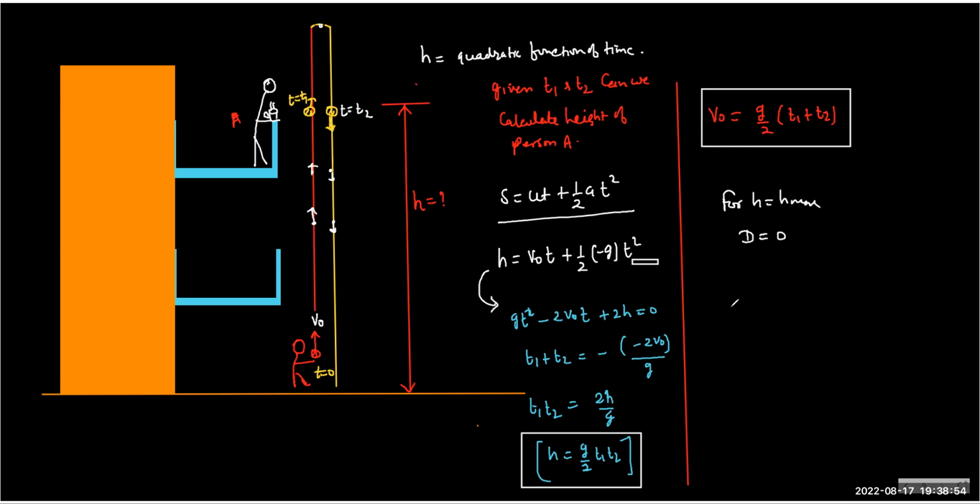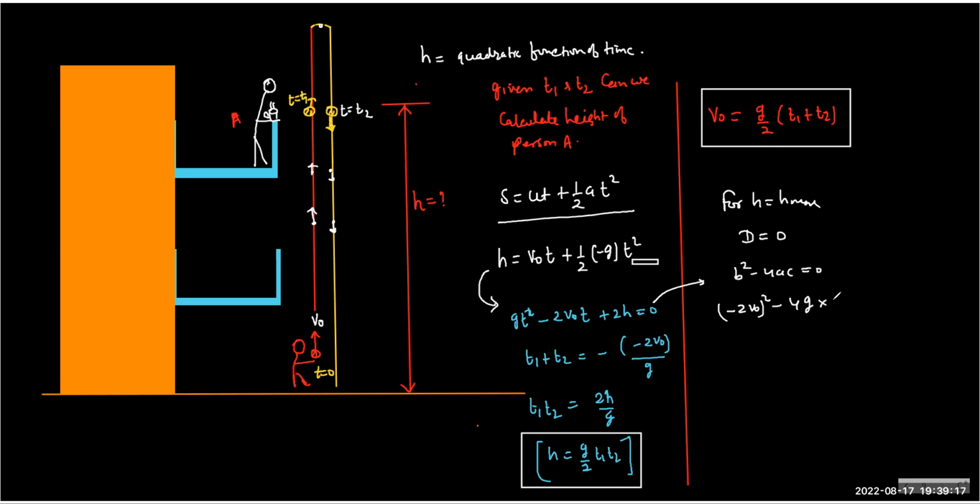And therefore, if d is 0, what does it mean? b square minus 4ac is 0. What is b, guys, again? Minus 2 v naught, whole square. What is a?